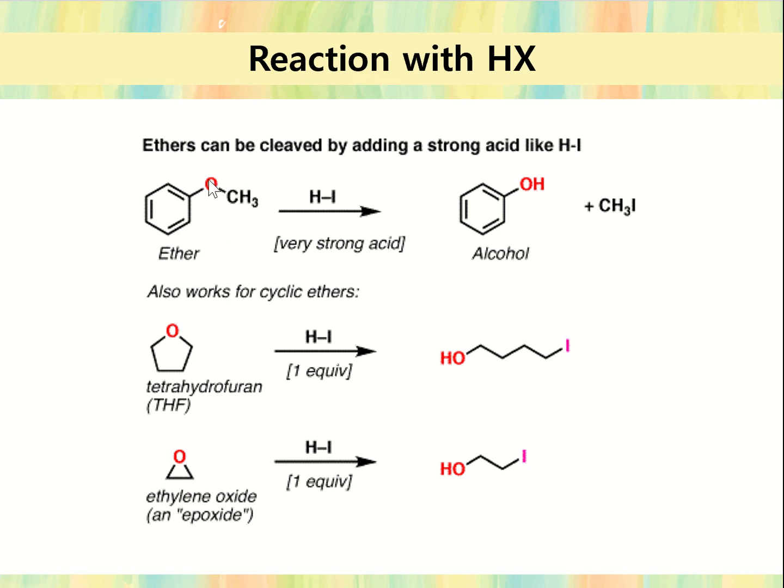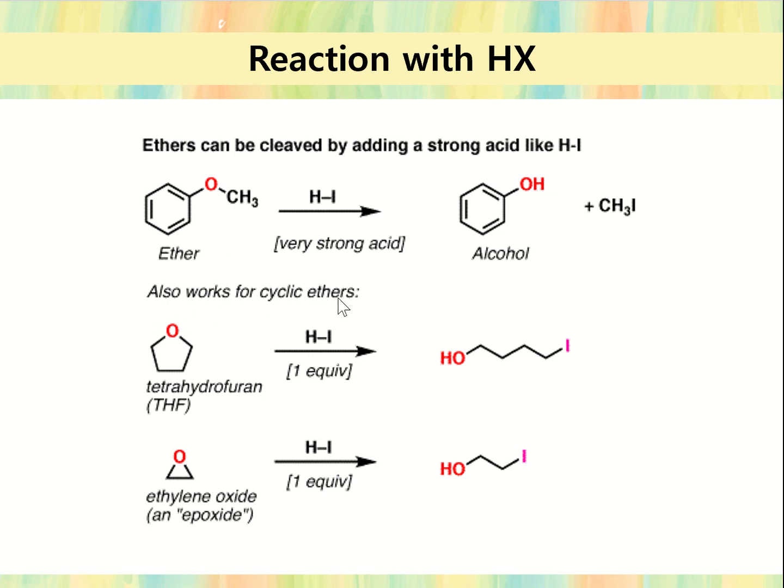The hydrogen ends up attached to the oxygen, and the iodide ends up attached to the methyl here. Essentially this bond is cleaved, and then the hydrogen adds to the oxygen and the iodine adds to the carbon.